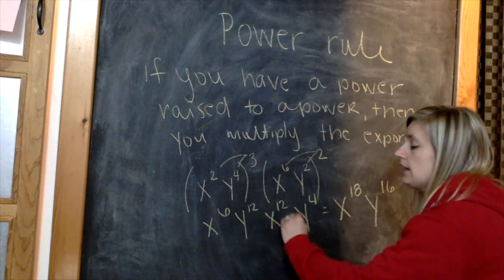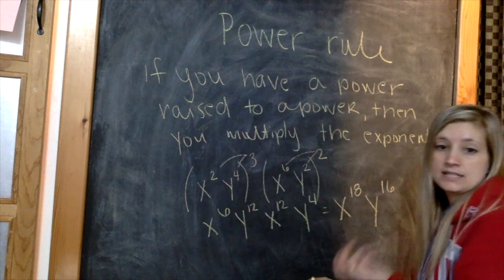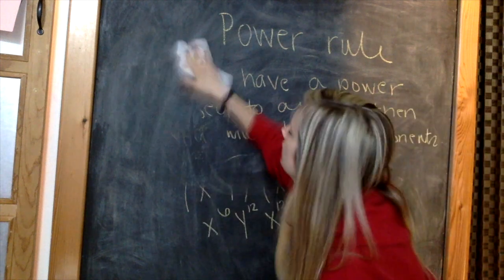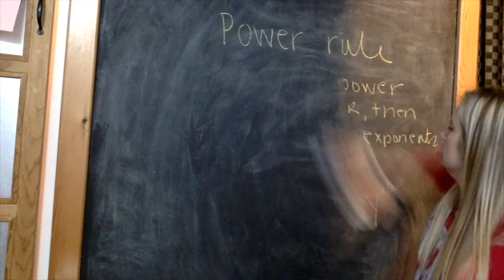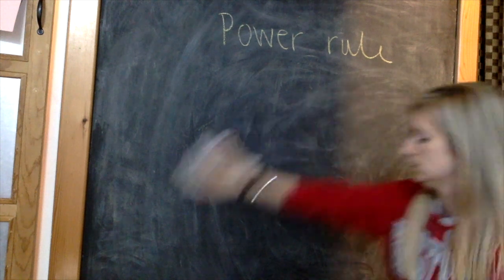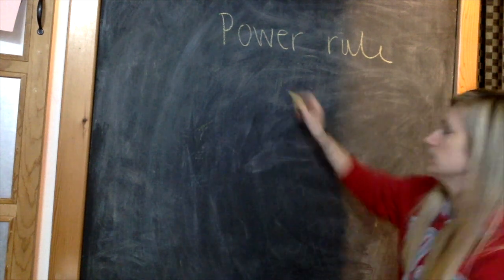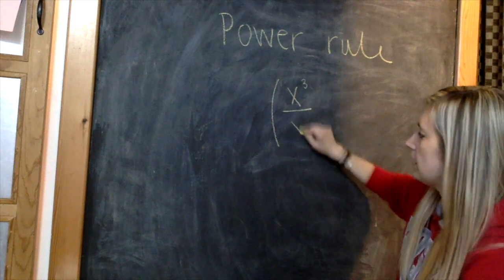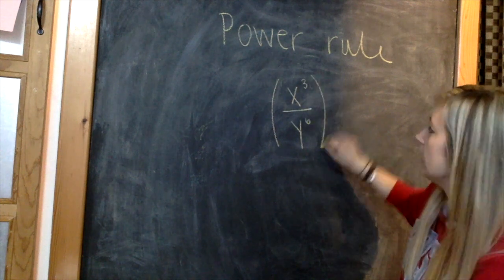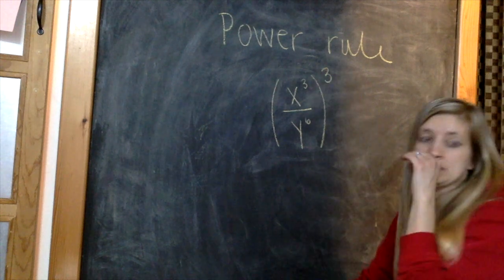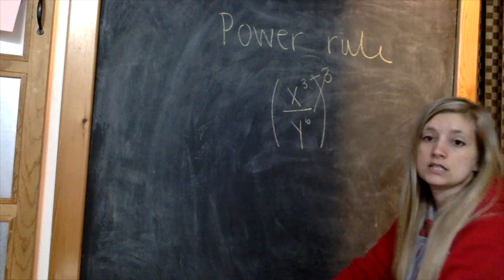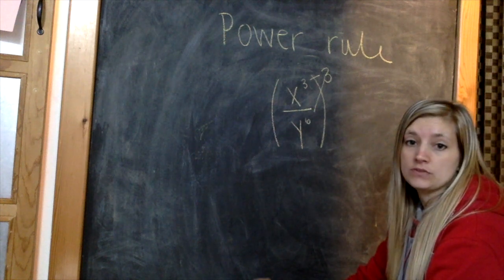So see how we have the product and the power mixed together? Let's do one with quotient, okay? So for quotient, if I have x to the 3rd divided by y to the 6th, and I have all of that 3 times, so both of those exponents are being raised to an exponent.